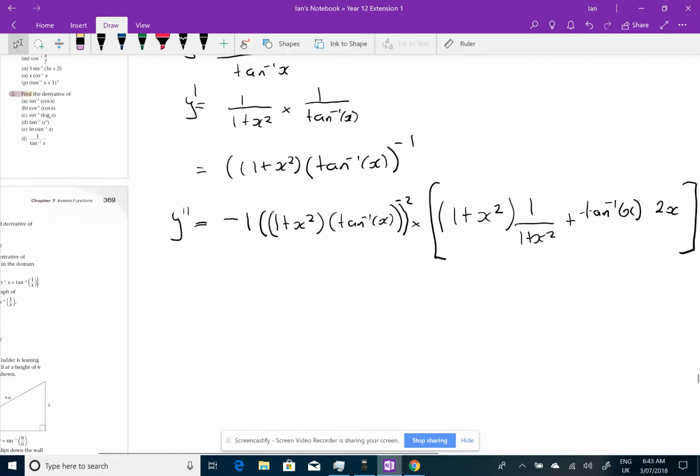Okay, well, let's tidy this up some. So I get minus 1 all over 1 plus x squared, in brackets, tan to the minus 1 x all squared.